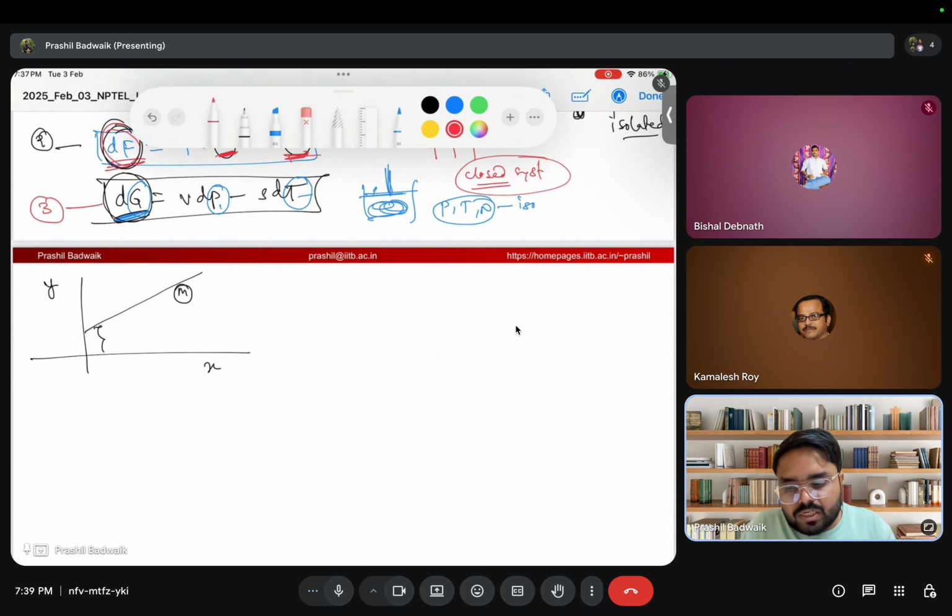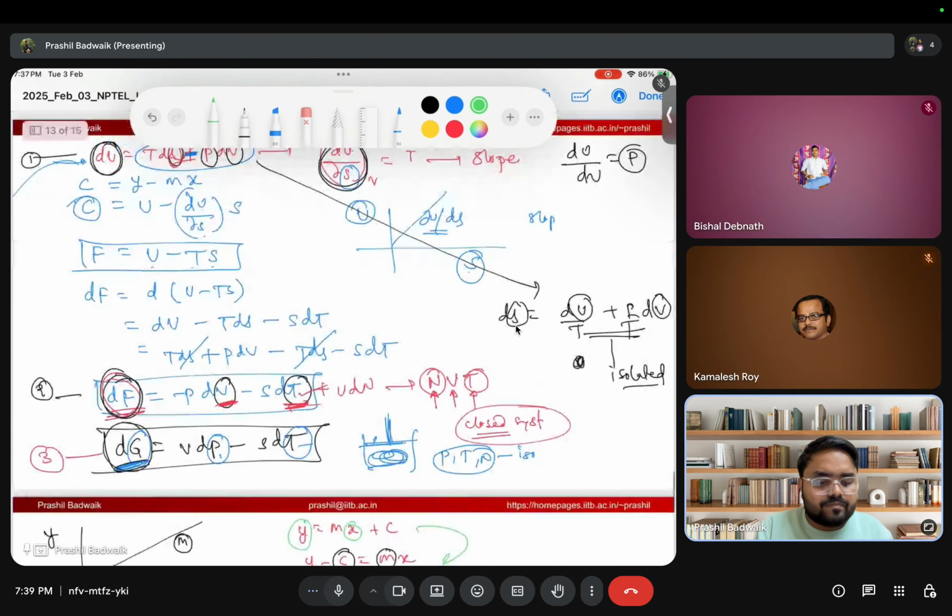Now I am changing it into a different form, y = mx + c to y - c = mx. I am representing it using slope and intercept. Earlier it was y and x, correct? So I changed from this to this, so that my control variable will change, and accordingly I will get the free energy of the system.